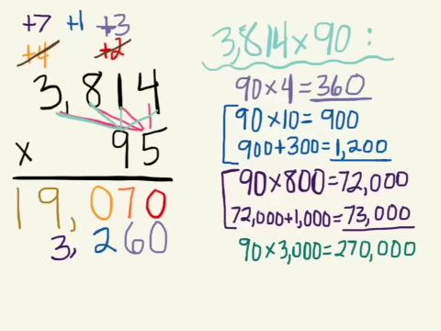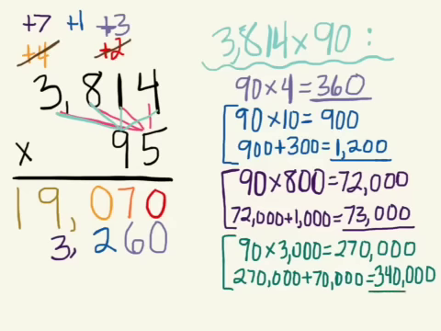But wait, we've got some spillage to take care of, and that 7 is really a 70,000. That's where it came from, which would make it 340,000.